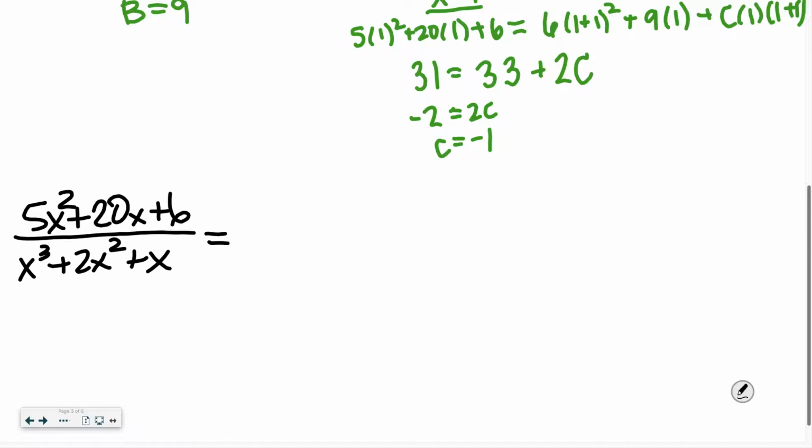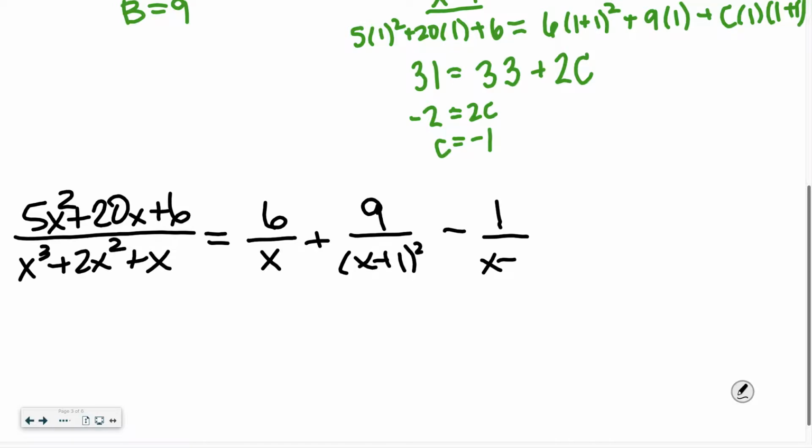This can break apart into A over x plus B over x plus 1 quantity squared plus C over x plus 1. Since C is negative 1, instead of writing plus negative 1 over x plus 1, I'm just going to write it as a subtraction of 1 over x plus 1. Is that okay with you?